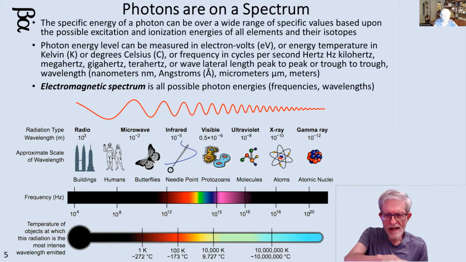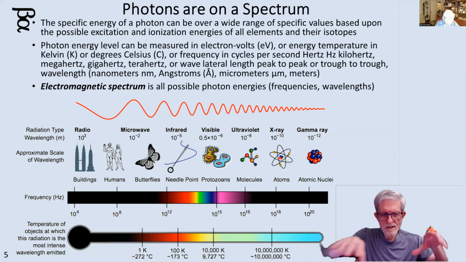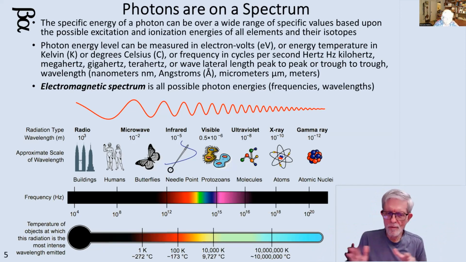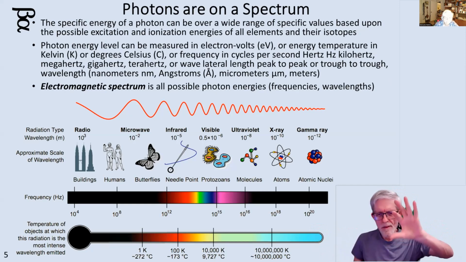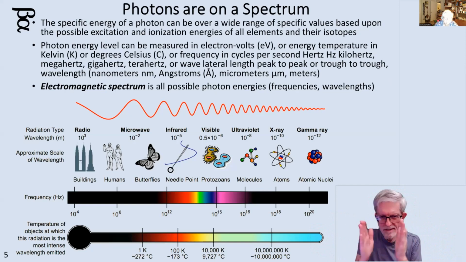See that red wiggly thing there, how it gets long as you go from radio, and then you get shorter and shorter at higher frequency as you move towards infrared, visible, ultraviolet, X-ray, to gamma. The peaks get shorter. The distance between the wave peaks and troughs gets smaller. So you have a collapsing wave.